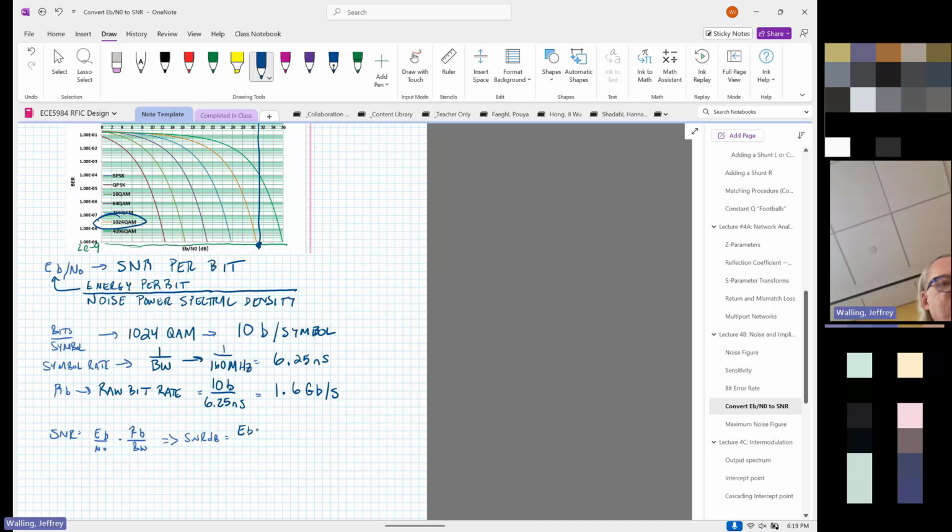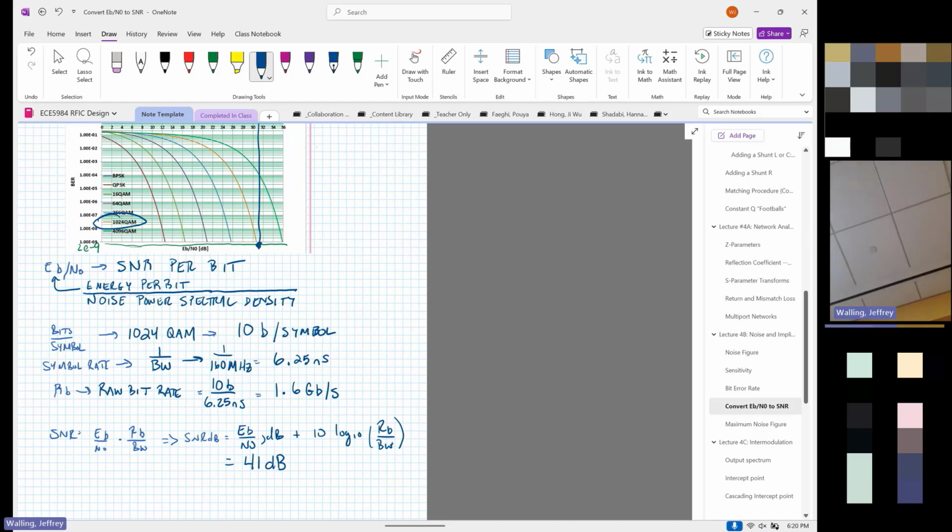So we have Eb over N0 in dB plus 10 log10 of Rb over W. In our case, this equates to about 41 dB. So the SNR that we need to demodulate one of these Wi-Fi signals is around 41 dB.